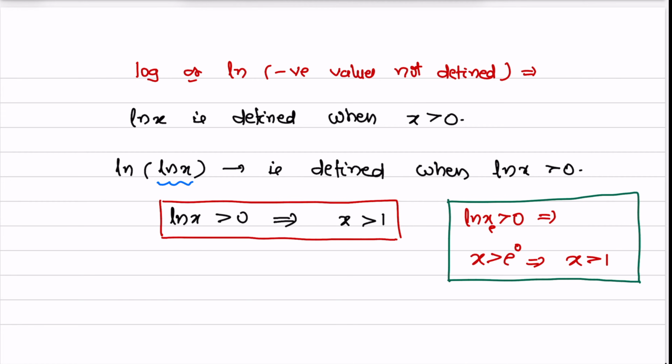ln x is defined only when x is greater than 0. ln of ln x is defined only when x is greater than 1. Now, that is not the end of the road. We have to find out ln of ln x.